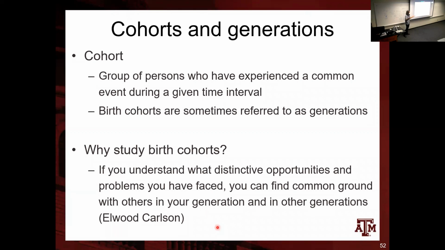The same opportunities. As a whole, of course, those opportunities vary a lot individually, and they vary by population. But overall, we can have an idea of how this birth cohort is experiencing problems and challenges throughout their time.